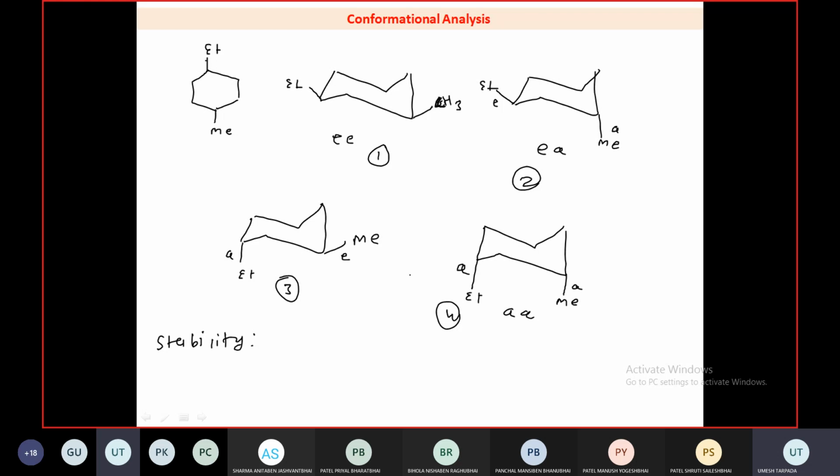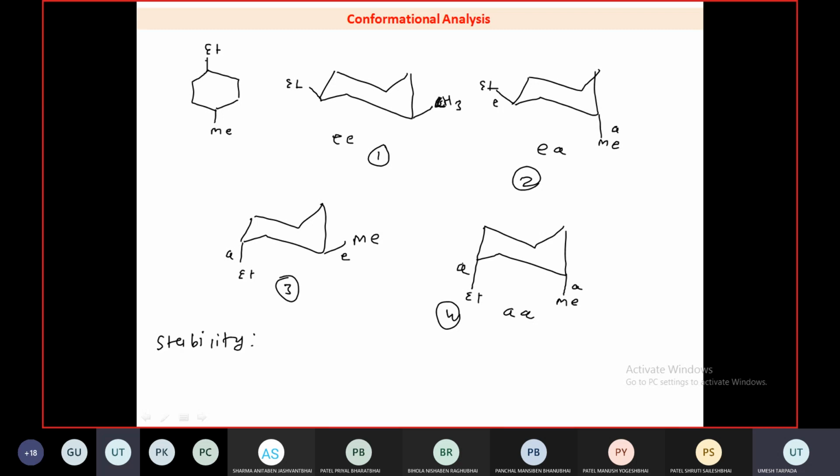Among these given structures, what is the stability order? Three is more stable.